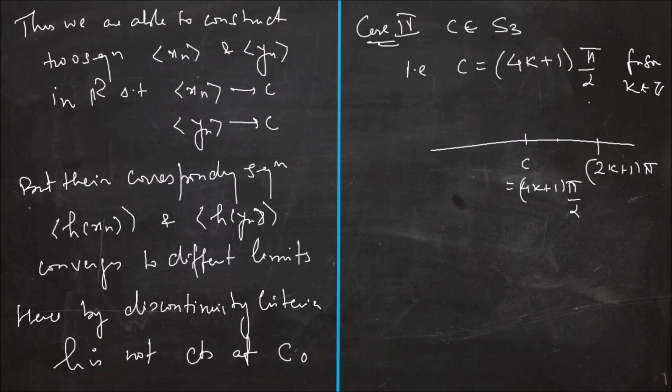So this is the second quadrant. Any number lying in this will give a positive value for sine.